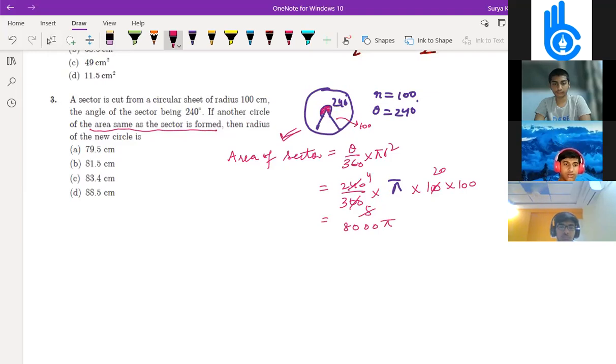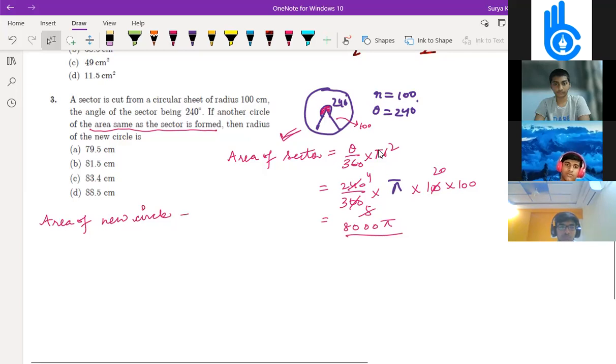The new circle's area is the area of the sector, right? So area of new circle is equal to area of sector.